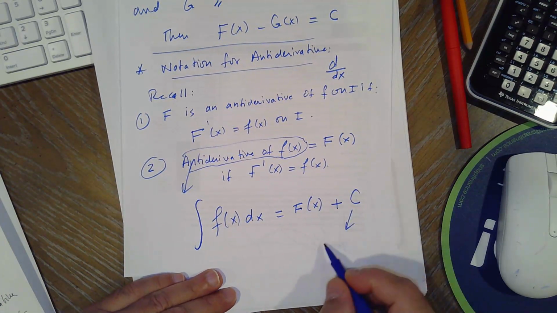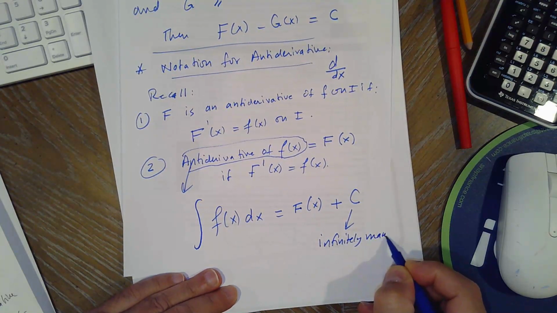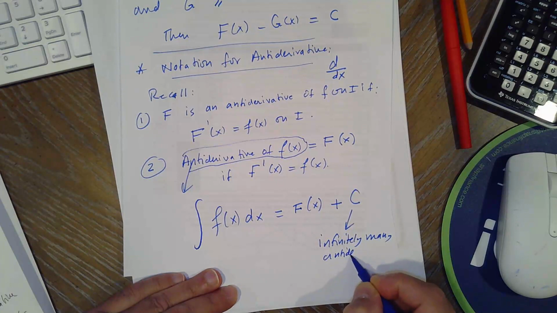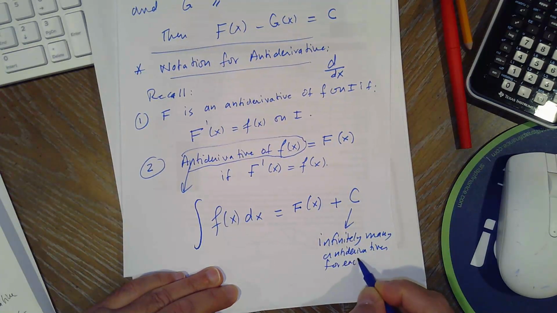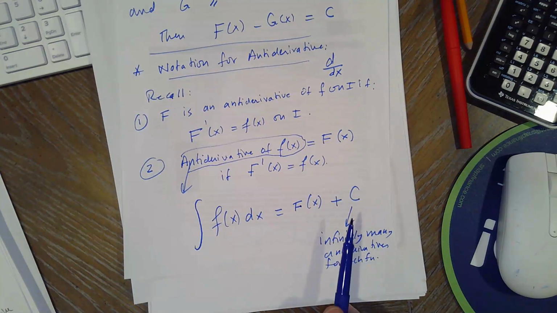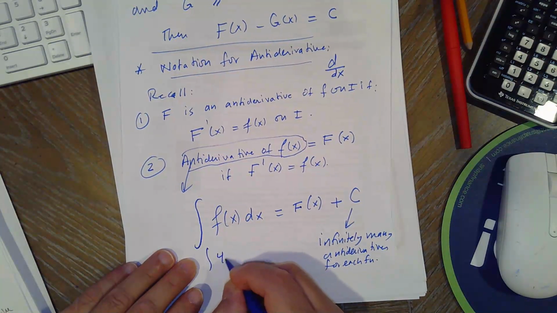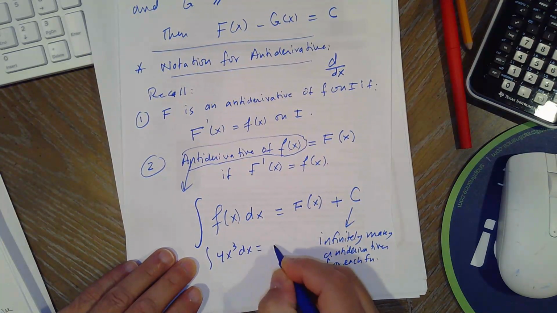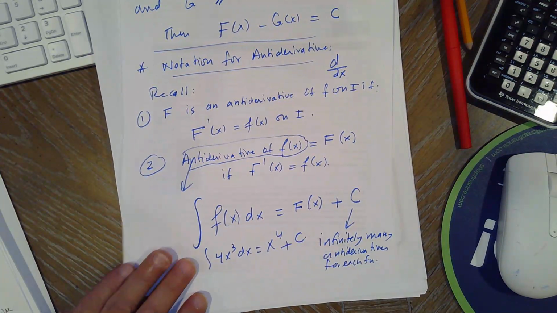That c, remember, means we have infinitely many antiderivatives for each function, and this gives you the most general one. So just the example we did early on, the antiderivative of 4x cubed dx is x to the 4, could be plus 1 or plus 2, so we just write plus c.